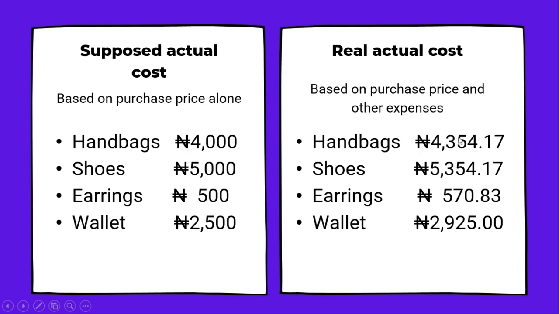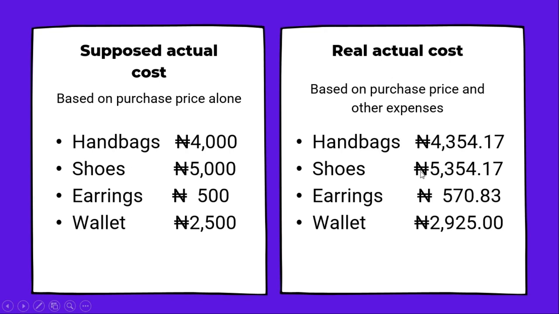Now, if you're going to be looking at the difference between these two, it means that if you base your cost based on purchase price alone, you will be losing 354 naira extra on each item that you sell. We've not even fixed our prices yet, but if you fix your price based on 4,000 naira, that means you'll be losing 354 naira.